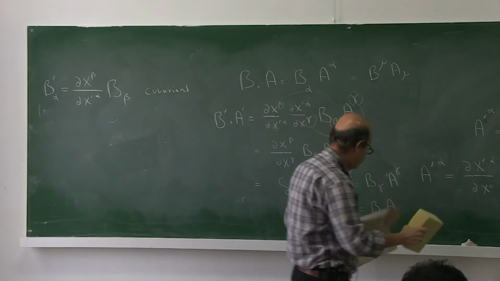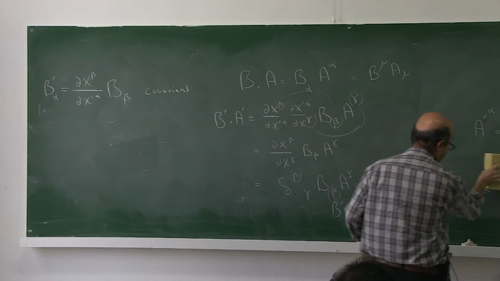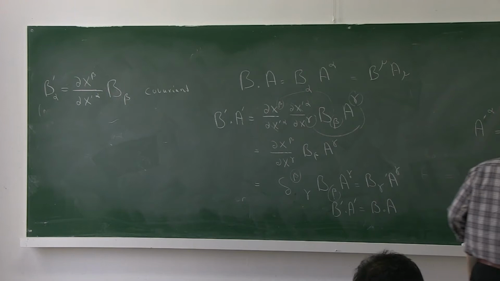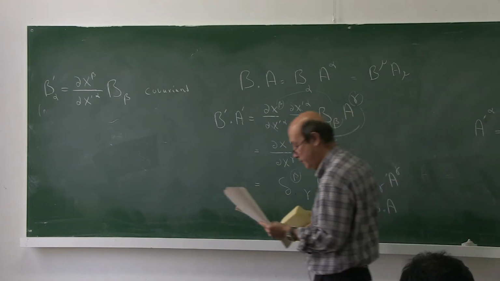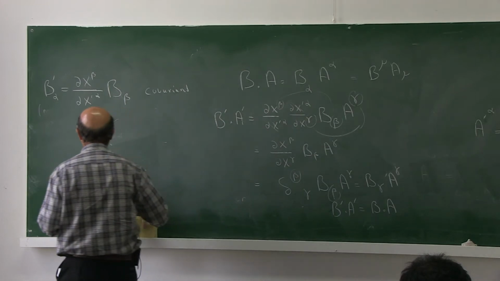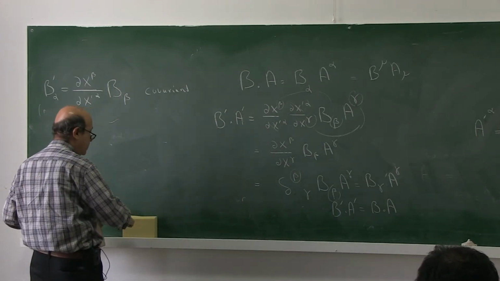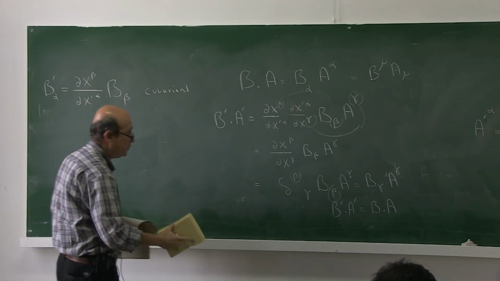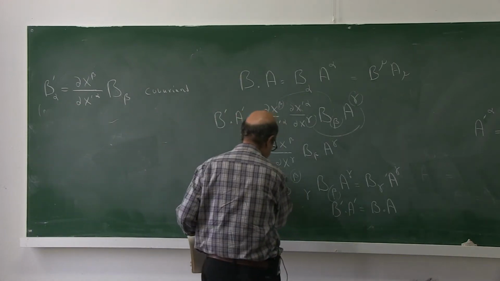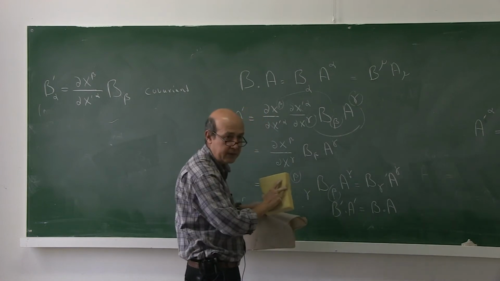So what is next? Next, we will define the metric tensor, and we will learn how to lower or raise the indices, so contravariant to covariant or vice versa. So I am erasing this part.